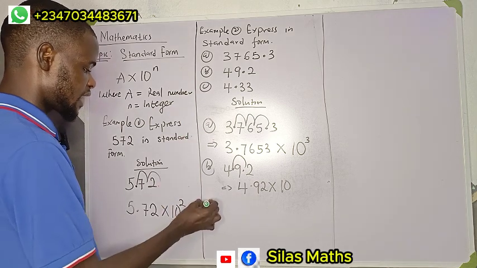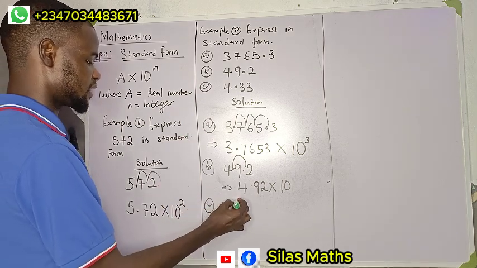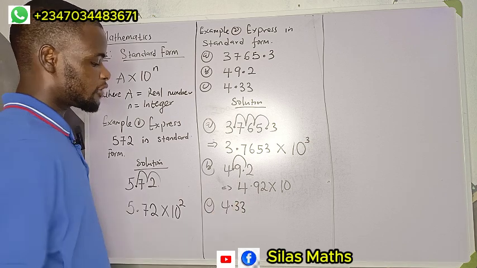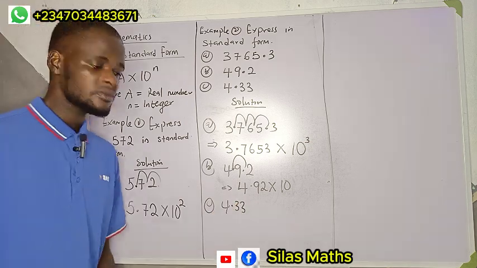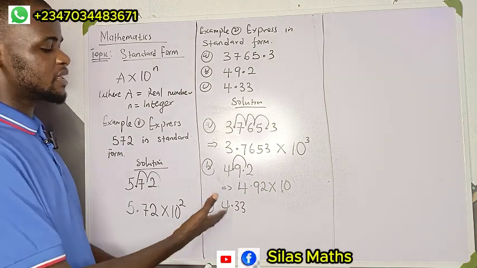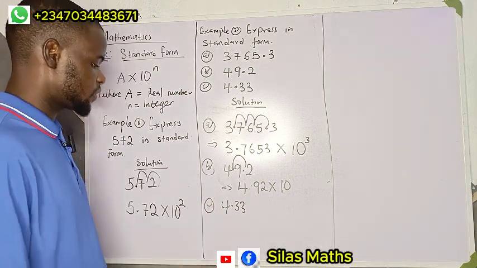Then for the last one, I have this number 4.33. Now 4.33 is already the point is already in front of the first non-zero digit, so we're not going to move the point.